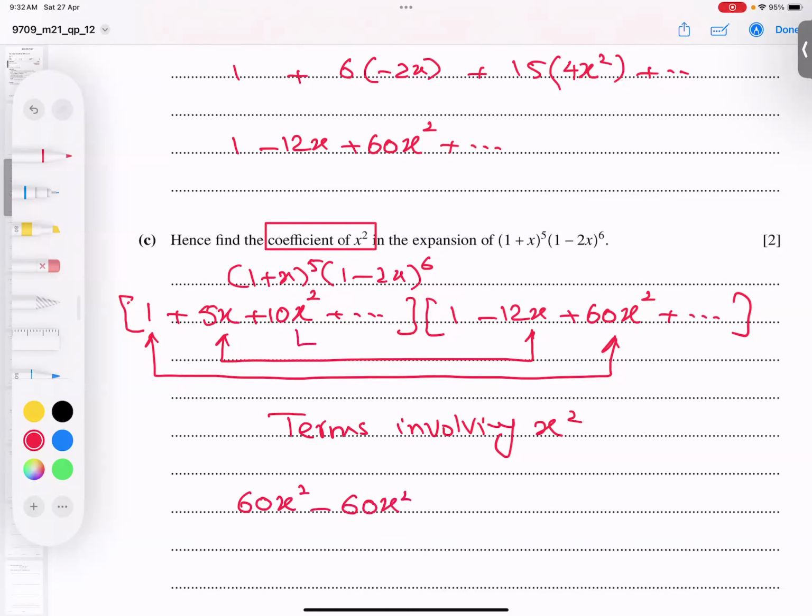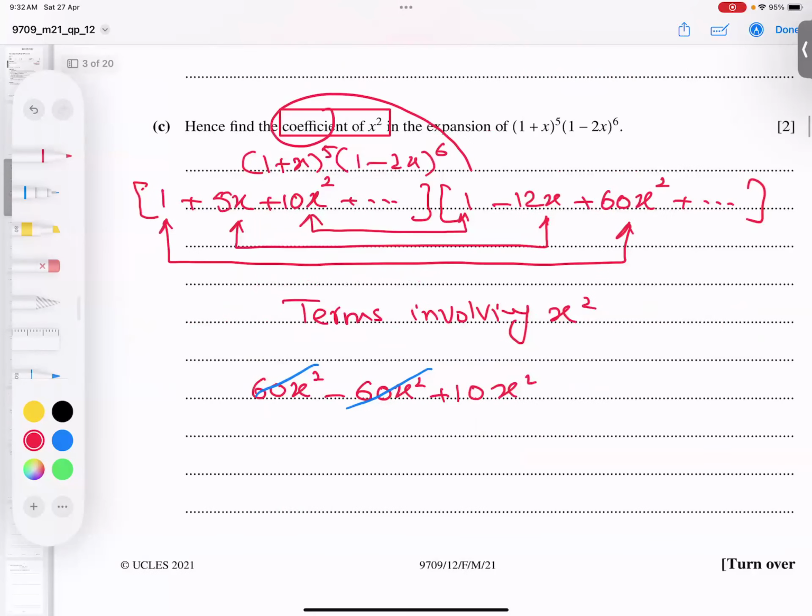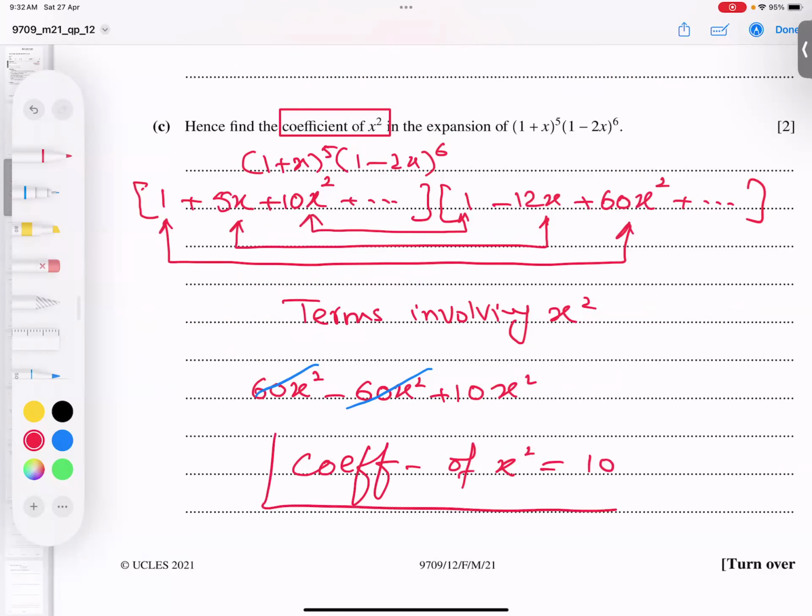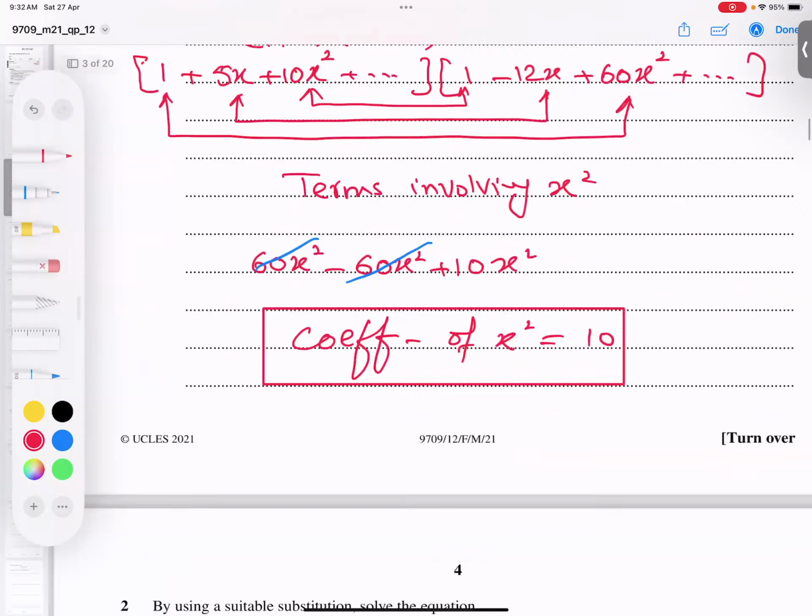The last thing, this 10x square multiplied with that, I get plus 10x to power 2. So these values cancel out. But he said, give me the coefficient. Some students stop here and say 10x square is the answer. Wrong. You have to eliminate x square; the coefficient of x square. So 10 is our final answer, and I believe you got the point.